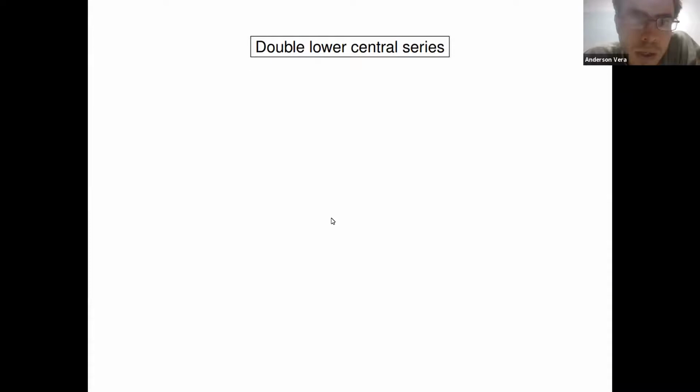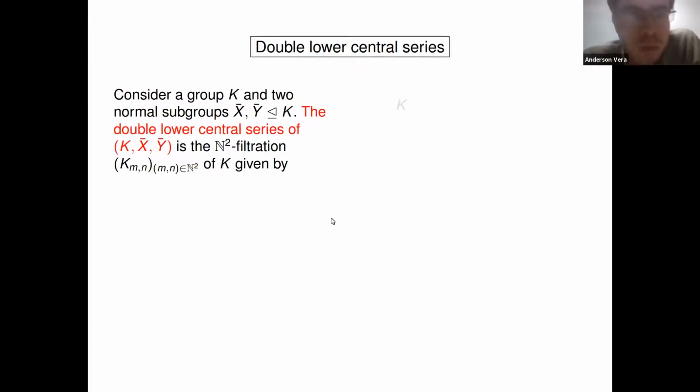We can define this in general. If we have a group K together with two normal subgroups, X and Y, we can define what we call the double lower central series as follows. K00 is the group K itself.